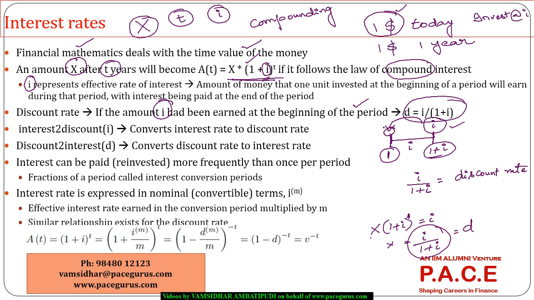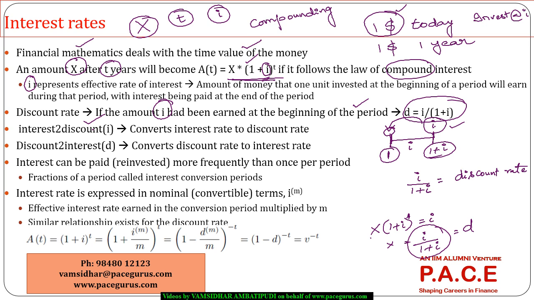So the present value of the interest that I am going to receive at a future date is what we call the discount rate. Once I know the interest rate, I can convert it into a discount rate, or once I know the discount rate, I can convert it into an interest rate.